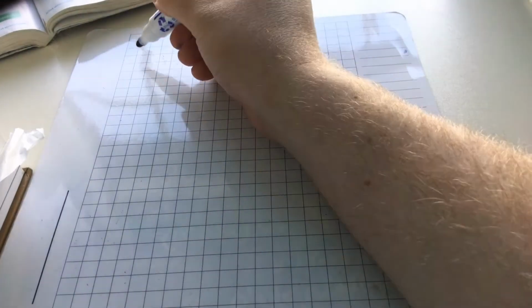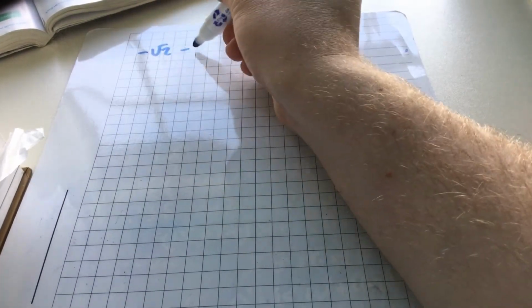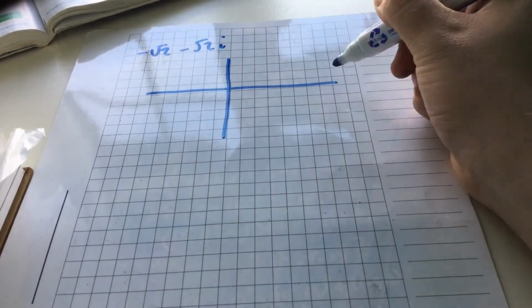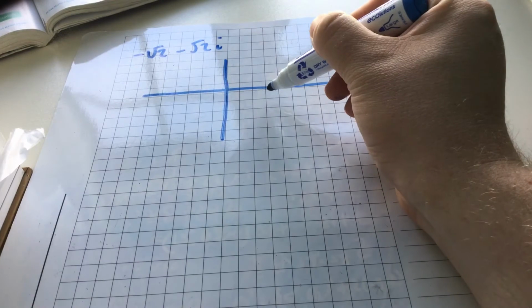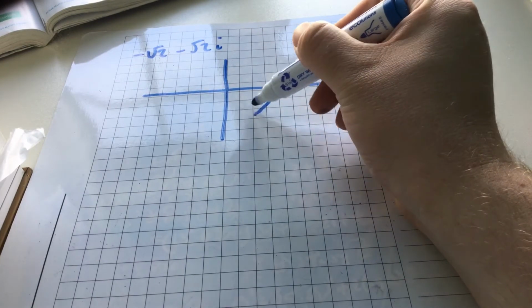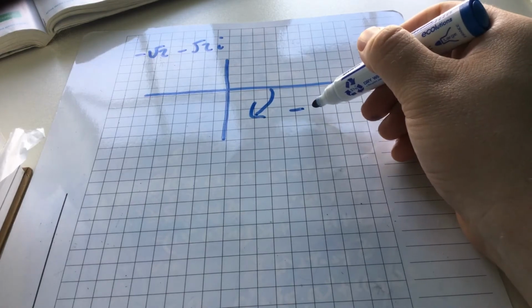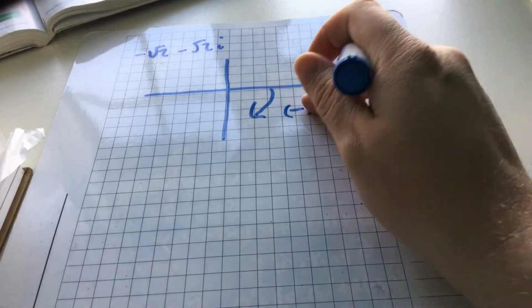Now I want to show you one more example of what happens if it's in one of the bottom two quadrants. So let's take minus root 2 minus root 2i. If it's in either of these two quadrants, we're going to take the argument this way, and that means it's going to end up being negative.